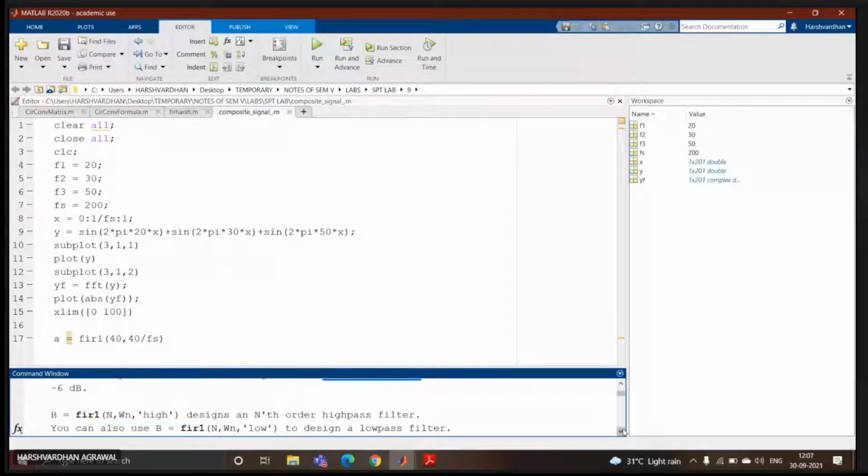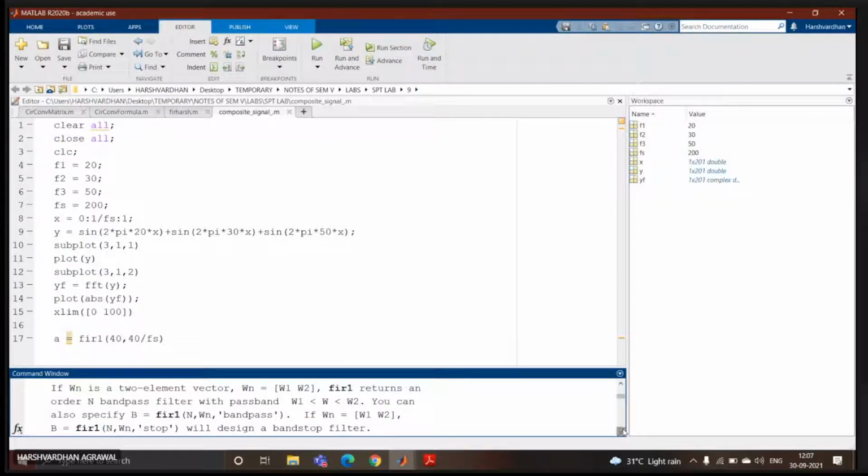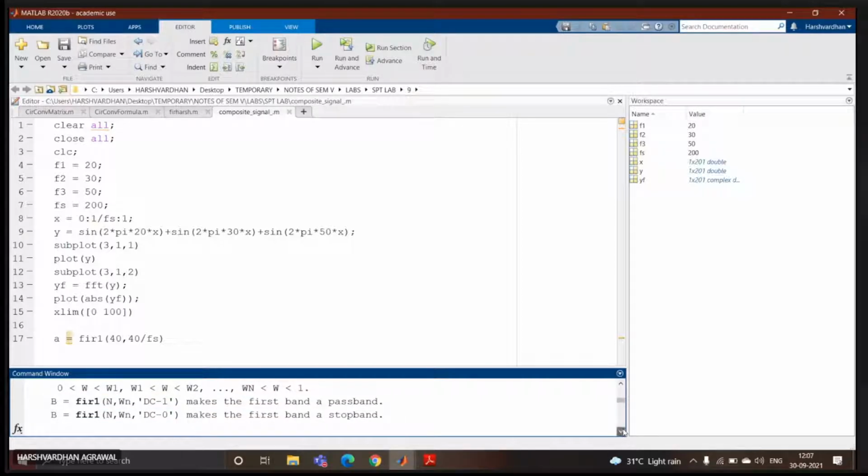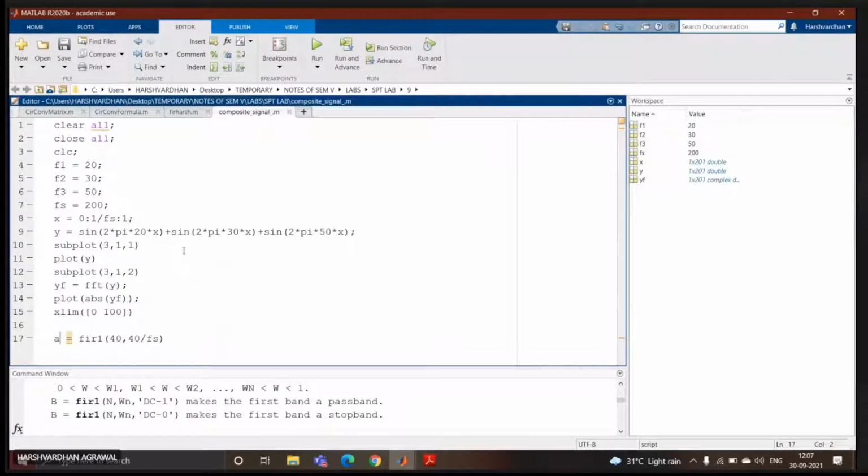Yes, sir. You are writing A equal to FIR1. That A is nothing but your filter response, or your impulse response coefficients. Now you need to use these filter coefficients to filter out the signal.